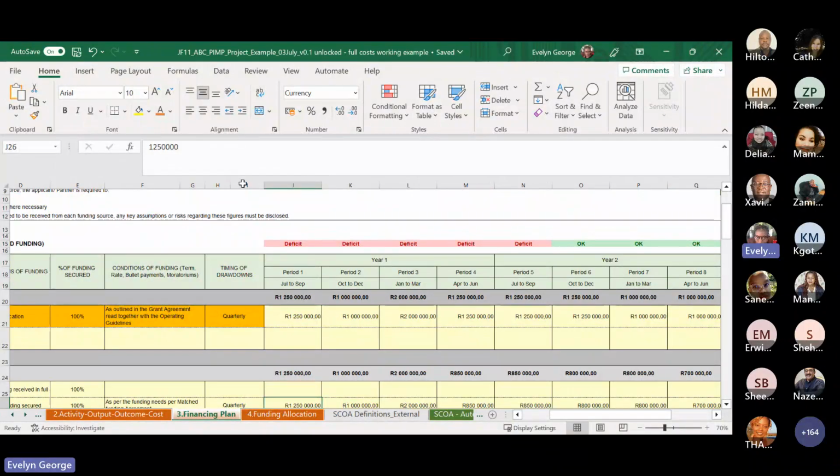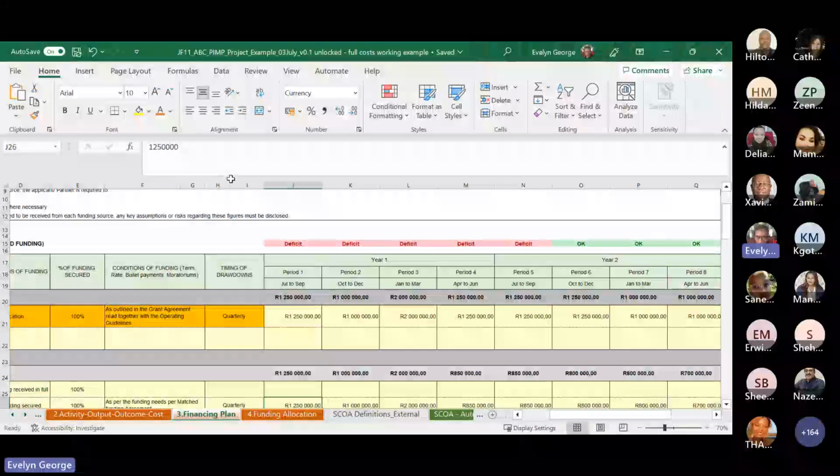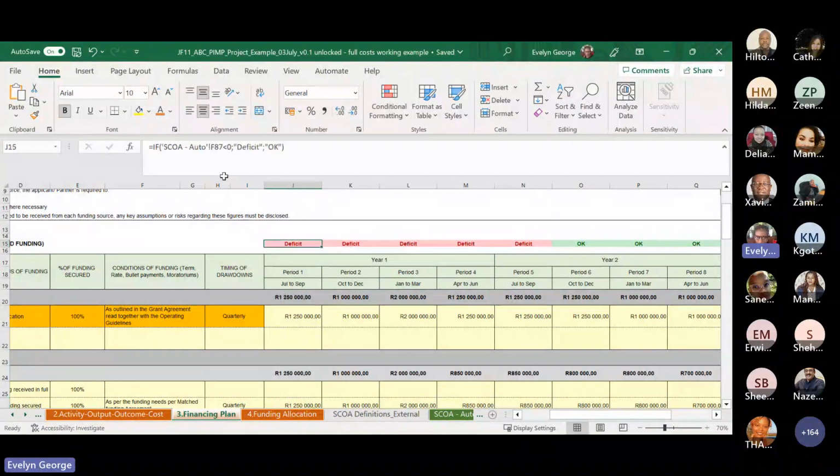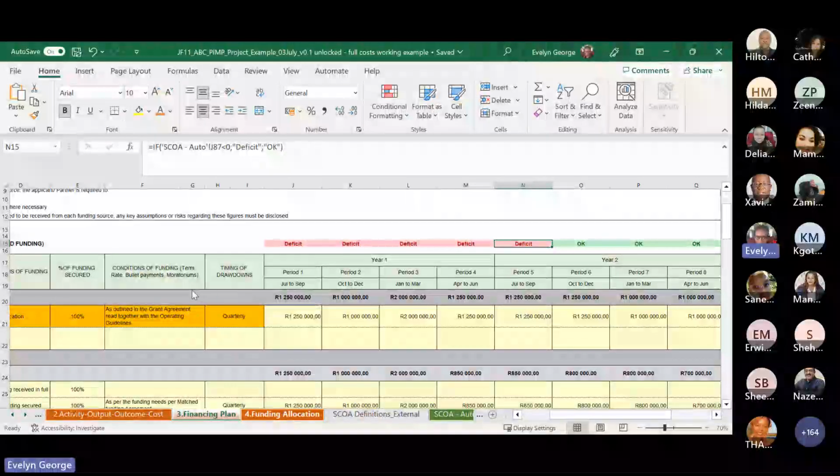And like we said, it's a cash basis. So yes, in finance you can potentially have this scenario, but for this PIMP, we won't accept this. So you will then need to fix it, obviously.